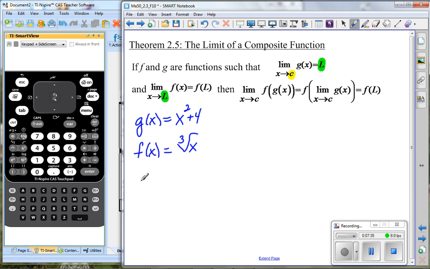Okay, we're going to take the limit as x approaches 5 of g of x.